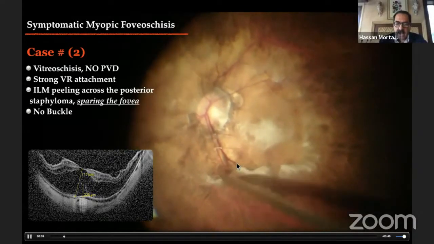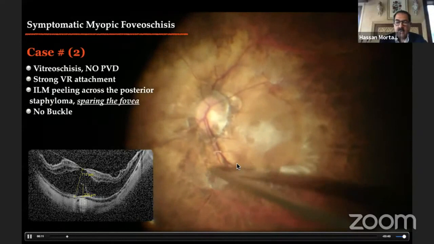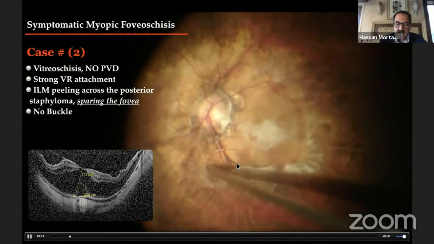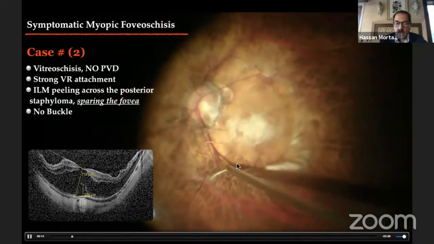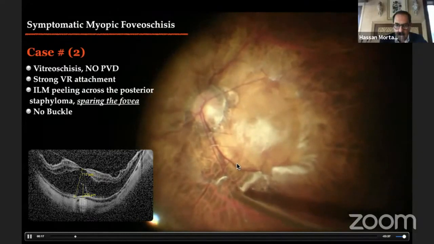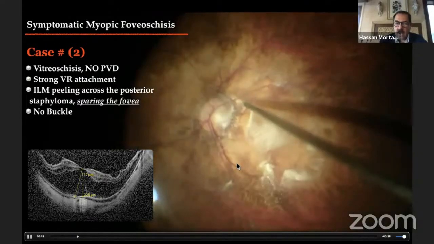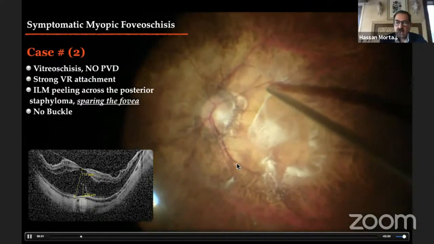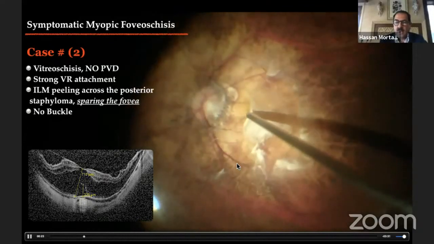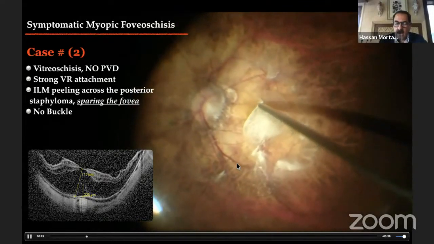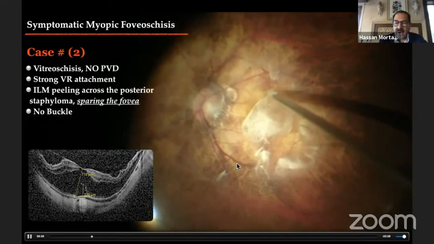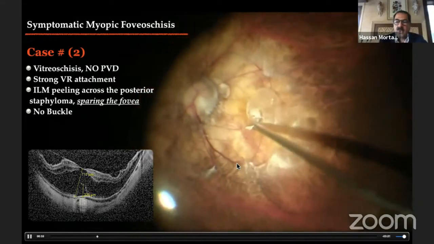I started by staining with triamcinolone, and it is indispensable to use triamcinolone to have a look at the posterior cortical vitreous, to look for splitting of the posterior cortical layers.